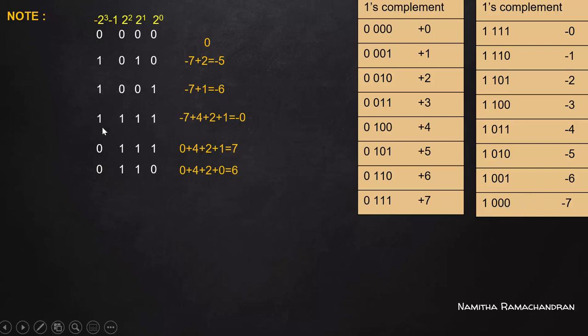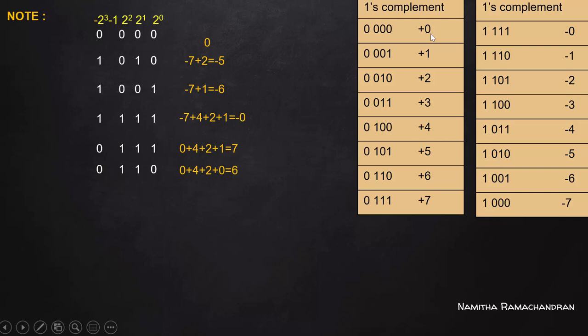Okay, and for this, 1 into minus 7 plus 1 into 4 plus 1 into 2 plus 1 into 1. Minus 7 plus 4 plus 2 plus 1 is actually 0. So this is actually a mistake. Here we don't want to put this negative sign here.